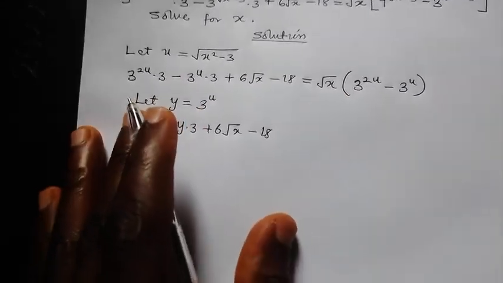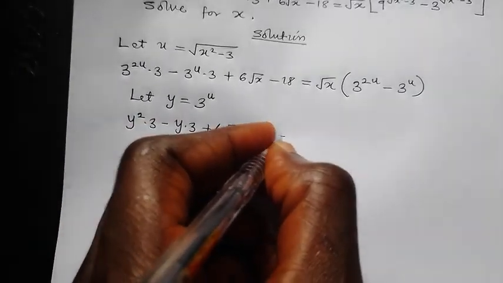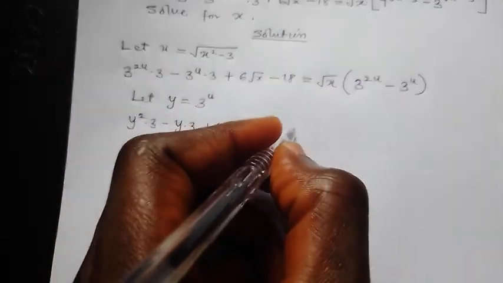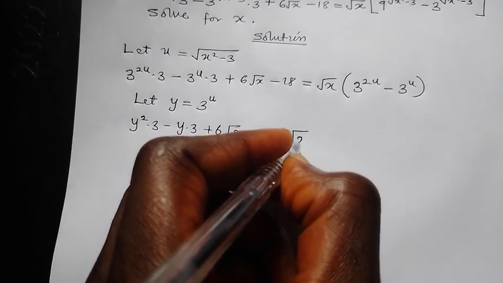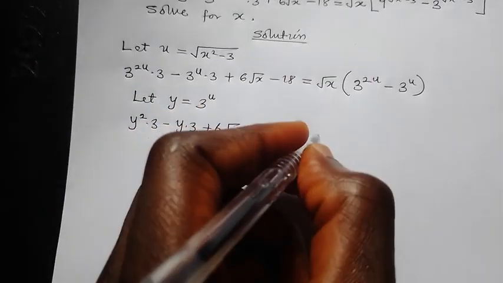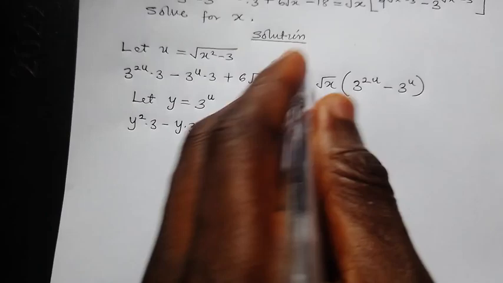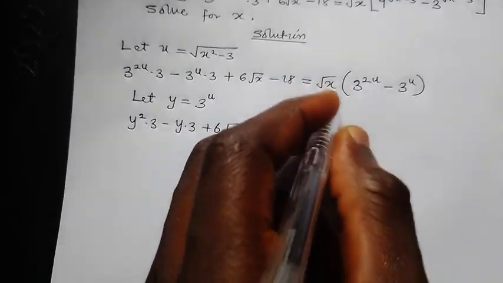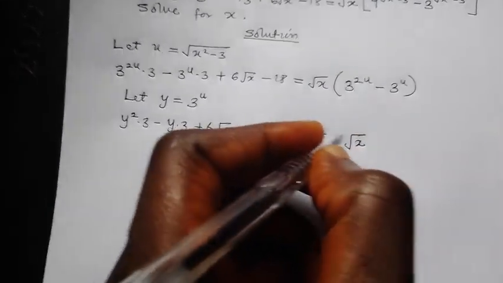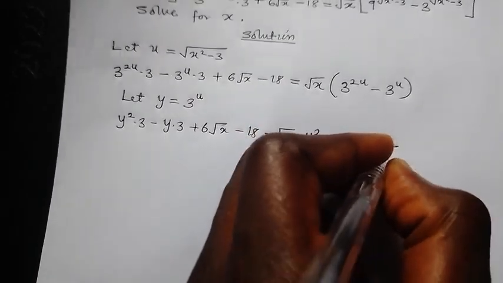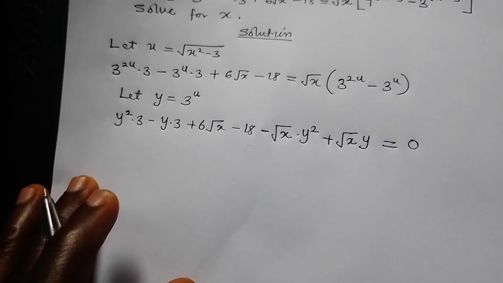I'm going to expand this and bring it alongside, and it will be minus root x multiplying y squared, then plus, expanding it to be root x multiplied by y, everything equals to 0.